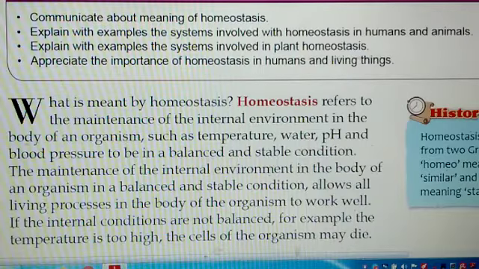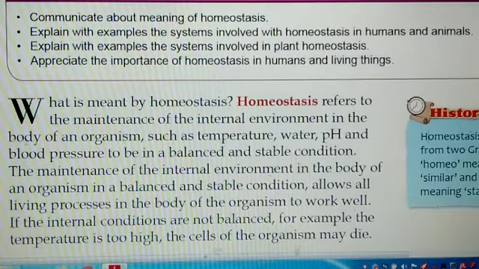If not, something will happen to our body in which our cells will not be in good condition, and at last the cells of the organism may die. So in order to prevent this from happening, our body must have this homeostasis to make sure we can survive for a long time.